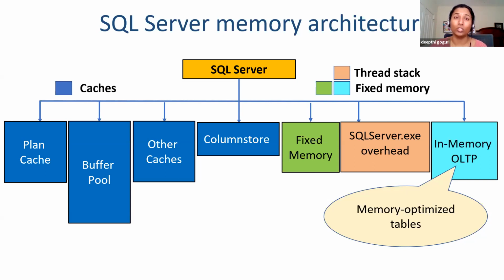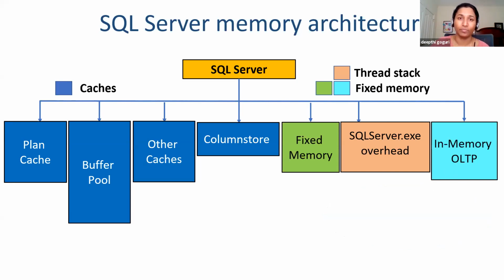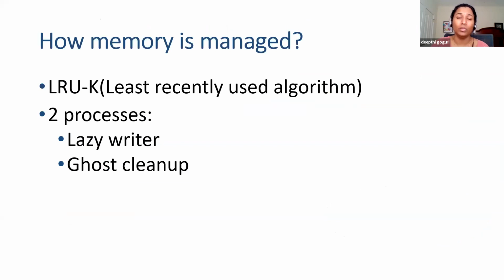But let's go ahead and talk about how the plan cache and the buffer pool get managed. How does the memory get managed? Inside the SQL Server, there is something known as the LRU algorithm, also known as least recently used algorithm. The hyphen K is for the complexity of the code. What is this LRU?